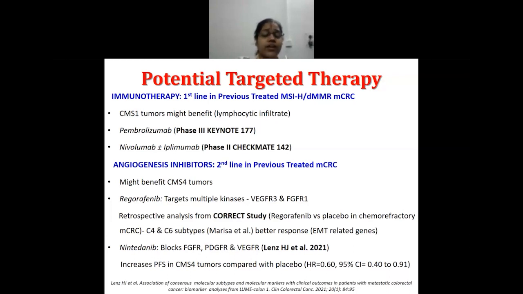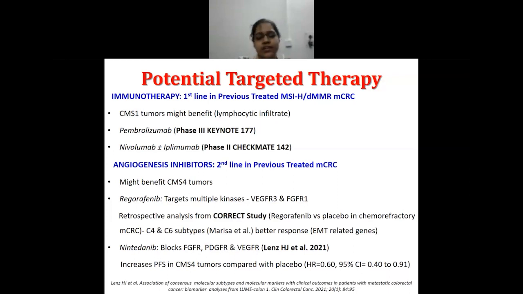A retrospective analysis from the CORRECT study, which compared regorafenib versus placebo in chemorefractory metastatic colorectal cancers, suggested that subtypes with EMT-related genes had a better response. So this may further suggest that CMS4 may also benefit, since it has the EMT-related genes.